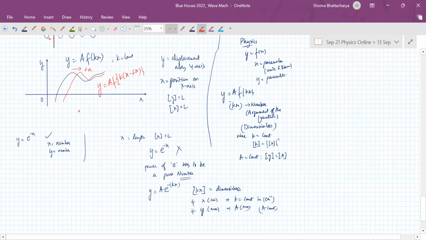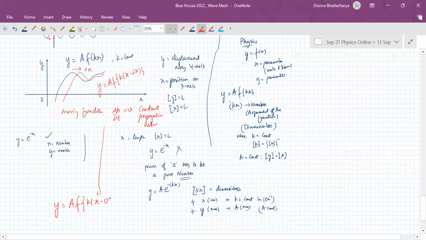And if I want it to be a moving function, such that delta x by delta t is a constant velocity, a constant propagation speed, then what I have to do is write this as this.